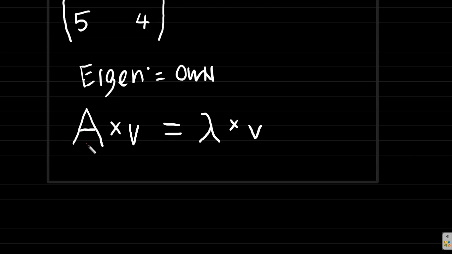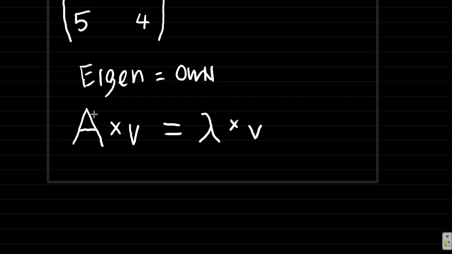So the matrix has its own value, which we call the eigenvalue. Eigen, German for own. Alright?